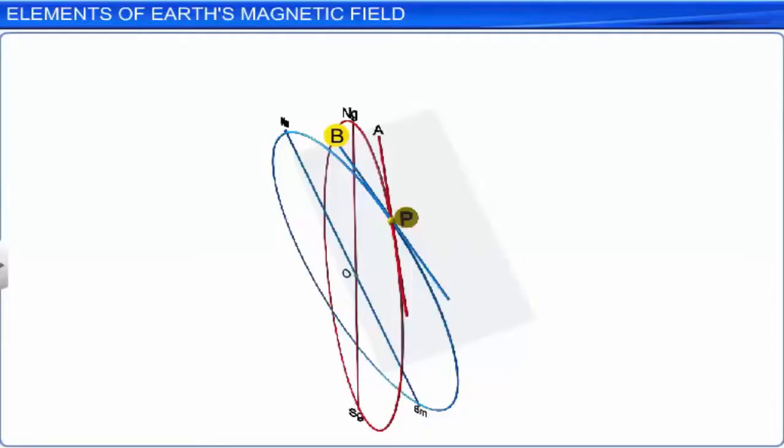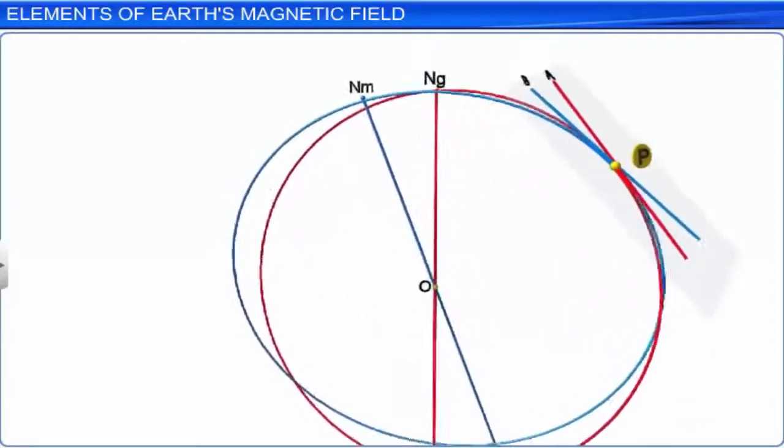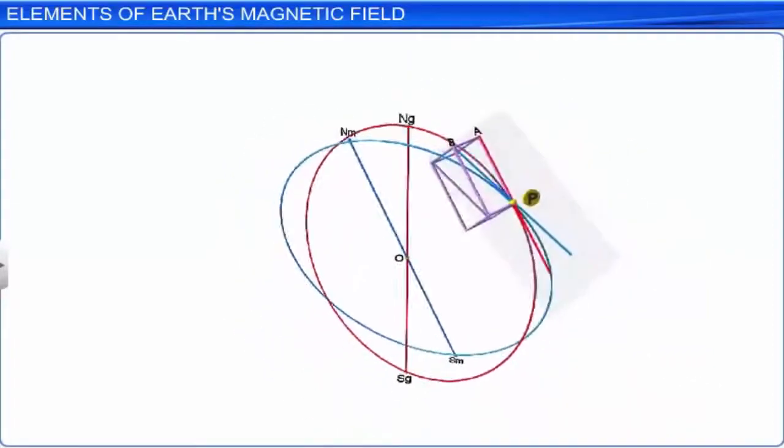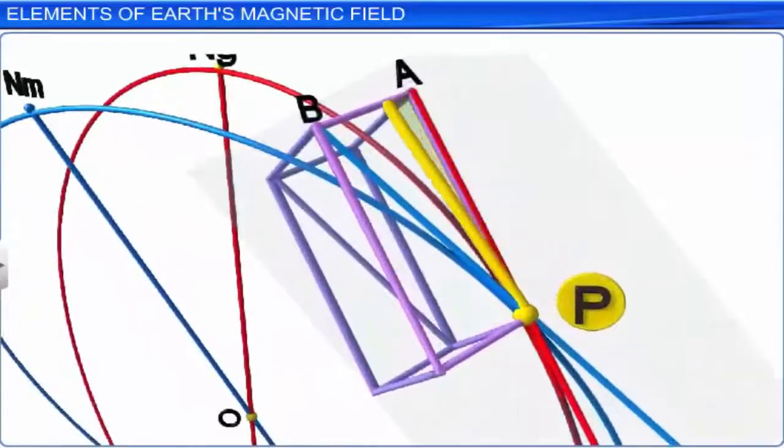Construct a parallelopiped passing through P, A and B. Rotate the line PA in the tangent plane such that it touches the parallelopiped at B. This angle of rotation is the angle of declination D at the point P.